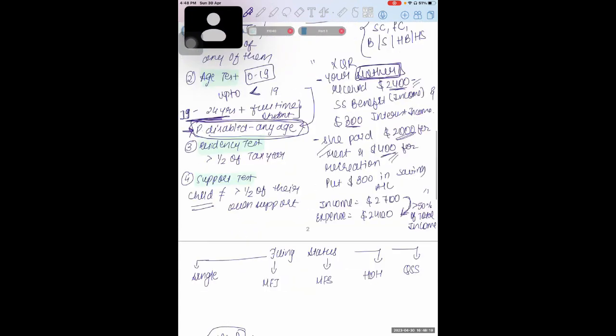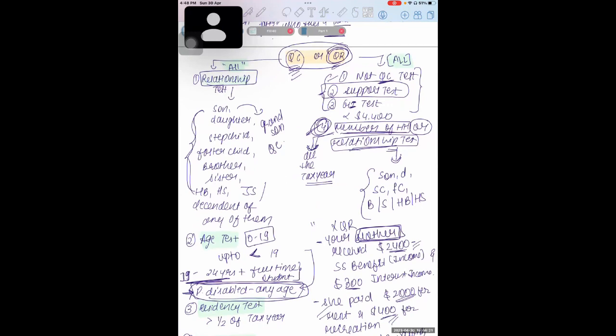What I mentioned here, see, that's where people fail. The thing which I highlighted is "or". So all three conditions should be met, but if the friend is living with the taxpayer the whole year, then you need not check the relationship test.